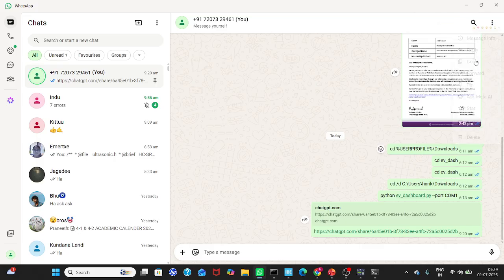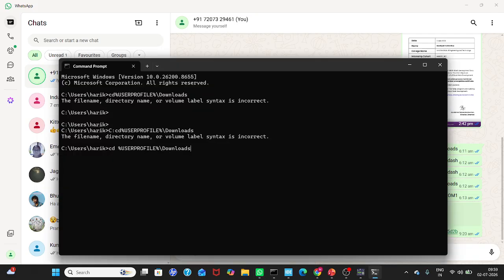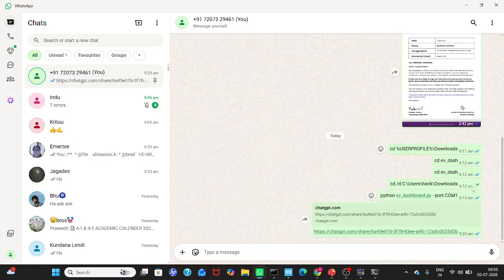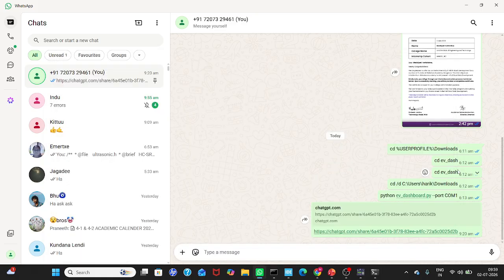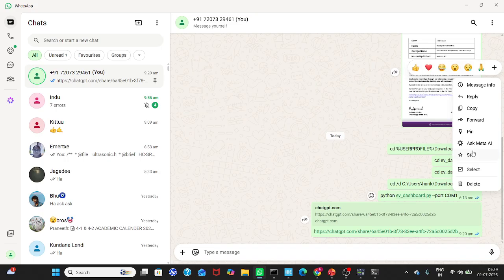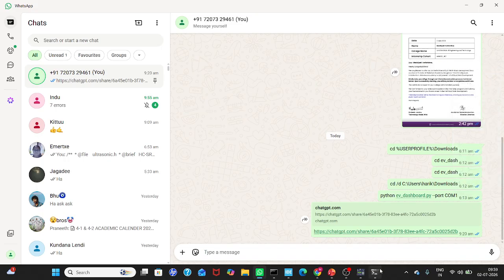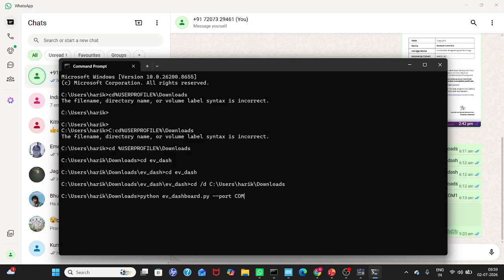And here copy. cd EV-dash, cd EV-dash and ladder, com 2.